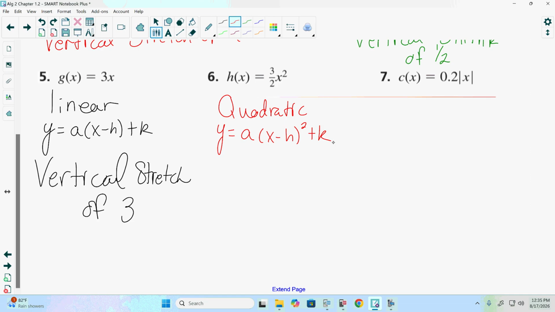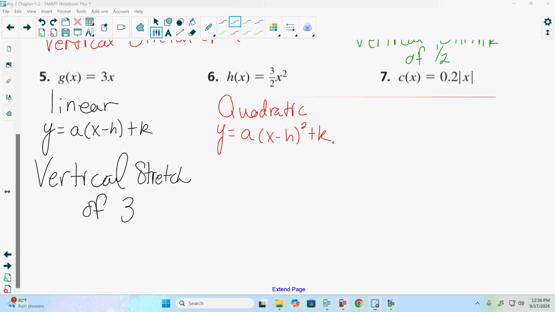We have no movement to the left or right. We have no movement up or down. But we do have a value for A. It's positive, so we know there's no reflection across the x-axis, correct? It is a fraction, so it has to be a shrink, right? What is shrink? A has to be between 0 and 1. If it's greater than 1, it's a stretch.